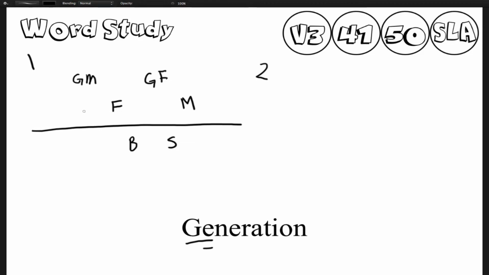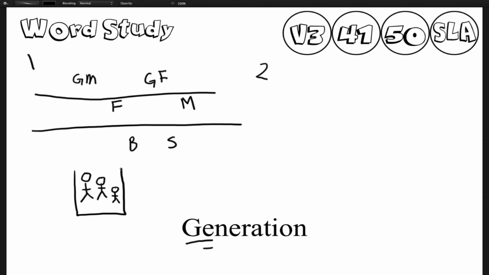Each level of the family is a generation. If you have a picture with grandfathers, fathers, and brothers, then this picture has 3 generations.